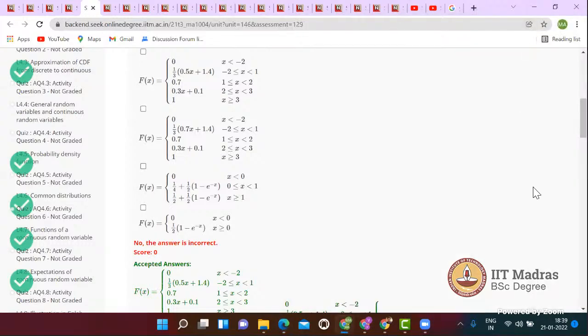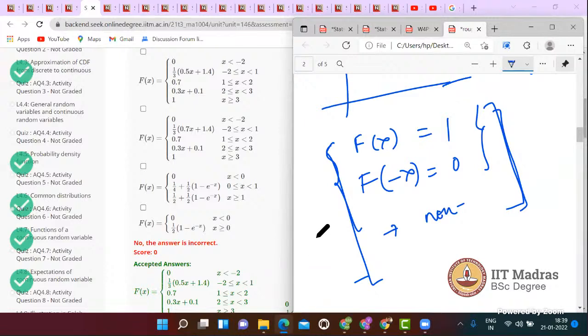One more thing here. Property number 2 of the PDF: the integral of f(x) dx from minus infinity to plus infinity equals 1. The professor also explained in the lecture that this implies the CDF F of infinity minus F of minus infinity equals 1.